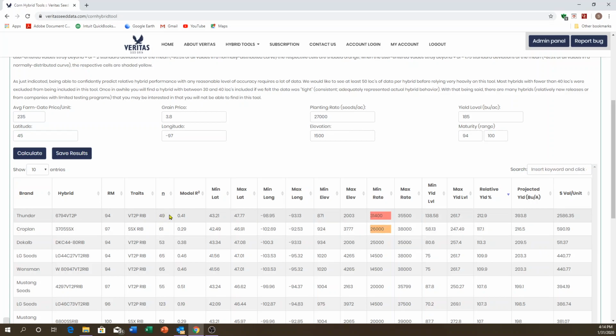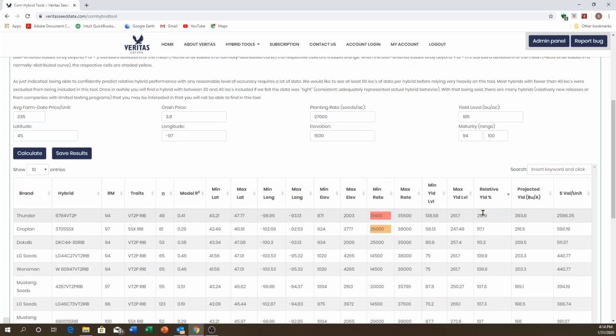Even though I've got 50 locations, not a single one of them was planted at less than 31,400. At 27,000, we're way outside the lines on this particular hybrid. And because of it, whenever you see a red, pinkish coral color, that's supposed to be red, that means that we're outside of the lines, and these values it's predicting mean nothing.